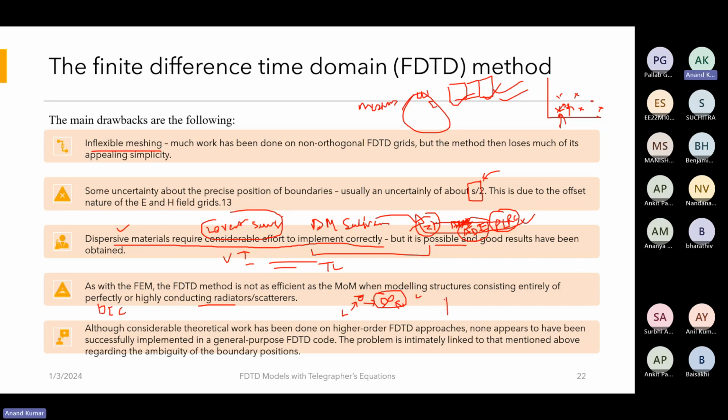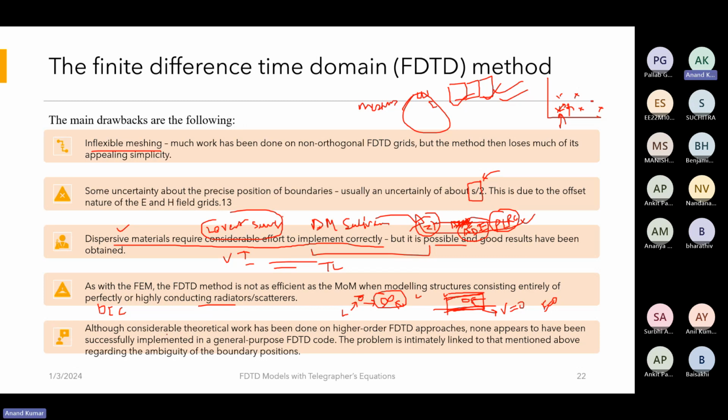But if your structure terminates with a PEC, for example, if you're trying to model a guided structure, in that case it's all right because we can put the voltage value or the electric field value as 0, since they become 0 on PECs. So that's how we can handle it at the boundaries, but inside the simulation space, it's difficult to handle.